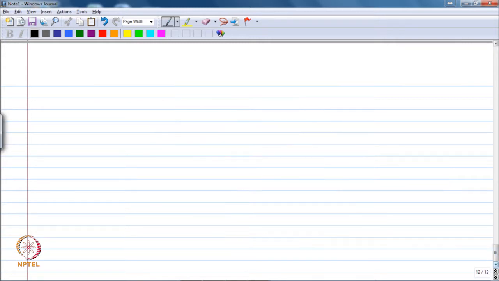Just to illustrate, suppose you have a matrix A which has these terms A11, A12, A13 up to A1n, A21, A22 up to A2n, and An1, An2, An3 up to Ann.